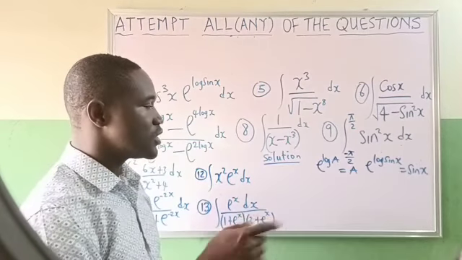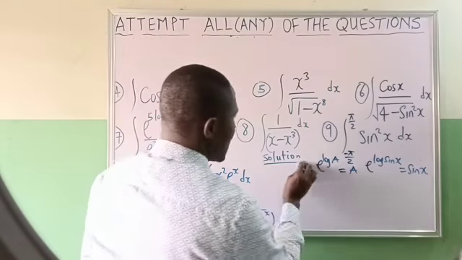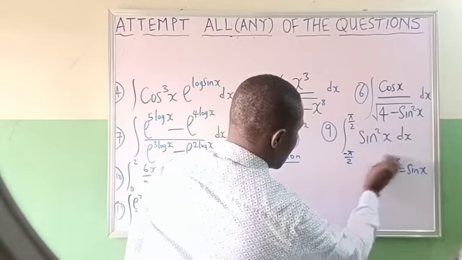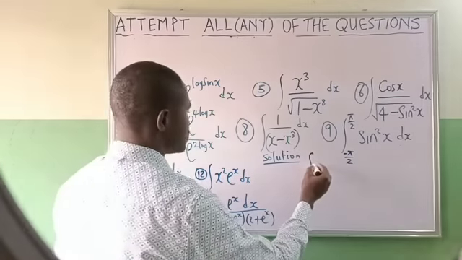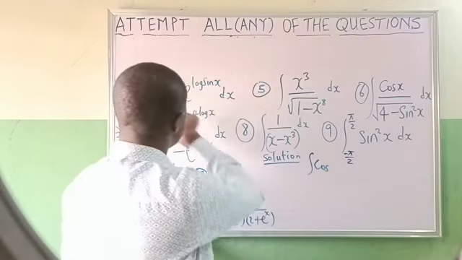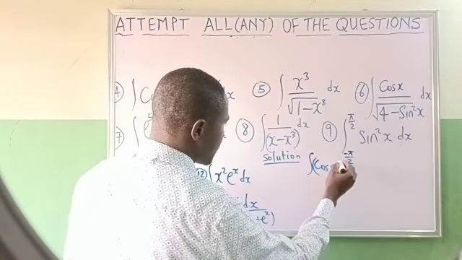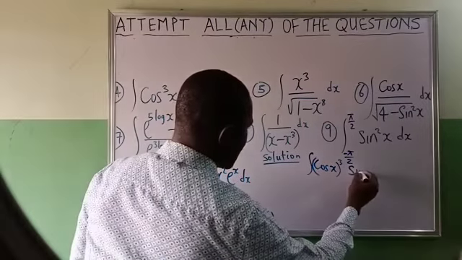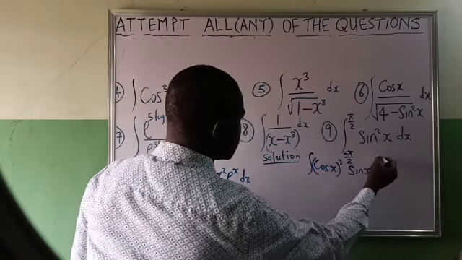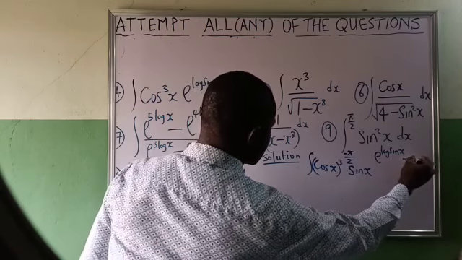They are opposite, so they will cancel out, giving you sine x. So to solve this, I know that rule, and because of that, I am integrating cos x all raised to the power of 3, which is the same thing as cos cube x, then sine x, because I knew that exponential log sine x is equal to sine x.